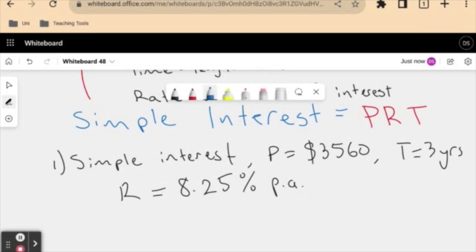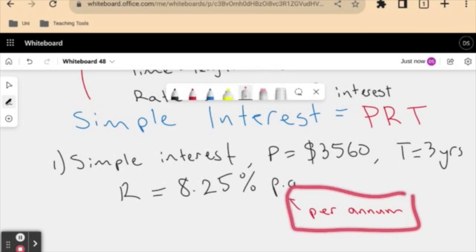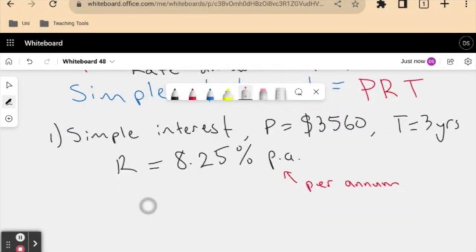So this PA stands for per annum. This just means per year. Annum sounds similar to the word annual, and annual means yearly. So this is a yearly rate here.